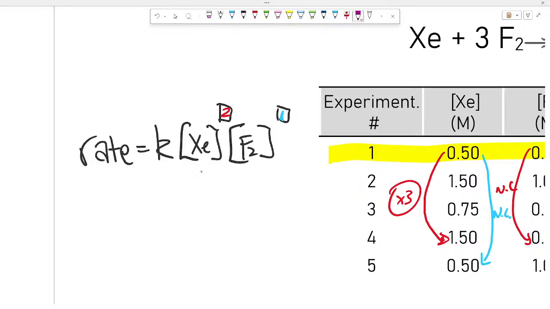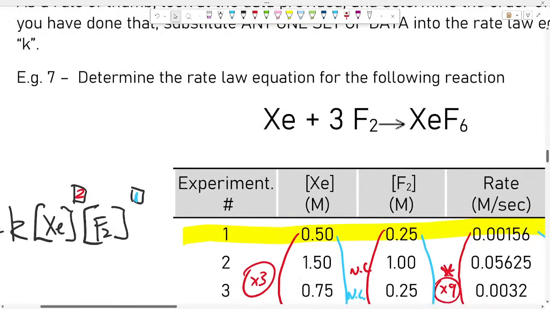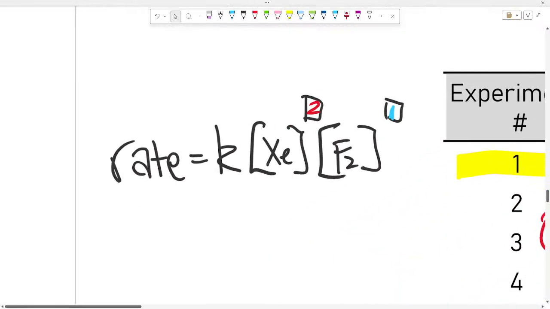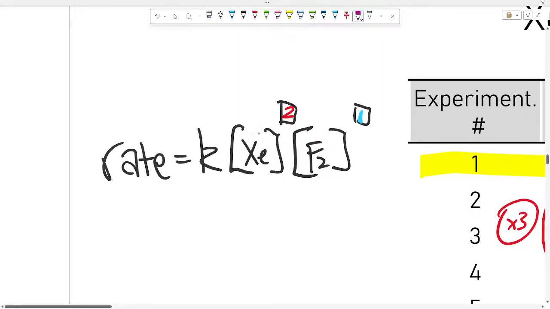Does that make sense? That's really what we're describing here. Even though the overall reaction involves one xenon bumping into three fluorines, at the slowest step of this reaction, two xenons or xenon derivatives are bumping into one fluorine or fluorine derivative, and that's the slowest step of the reaction. Any questions about that? That cool?